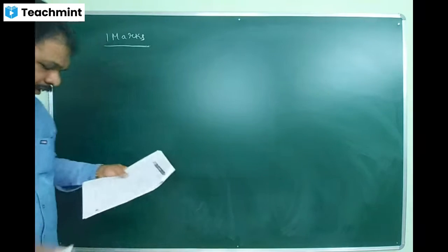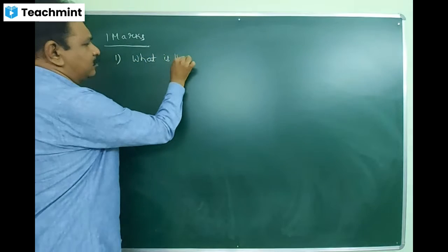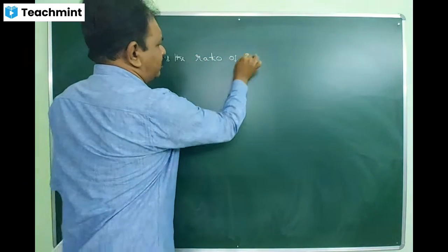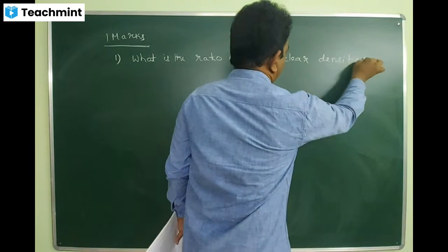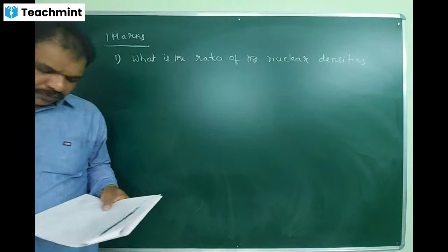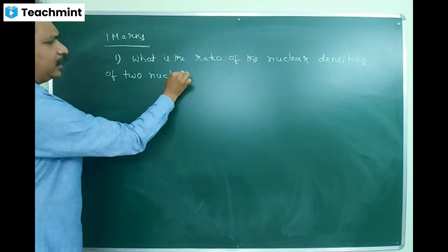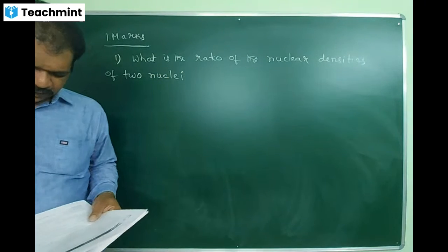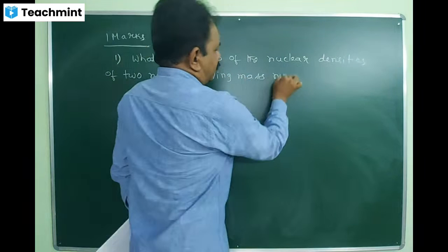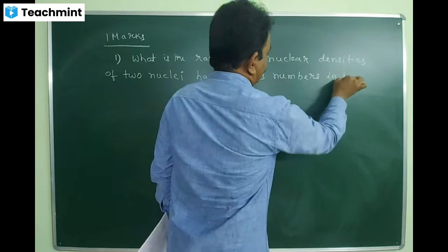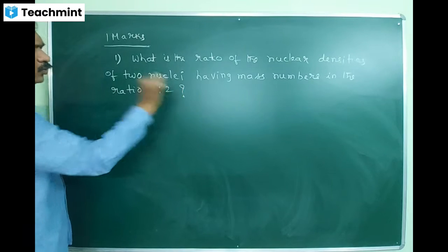Next, write this question. What is the ratio of the nuclear densities of two nuclei having mass numbers in the ratio 1:2?